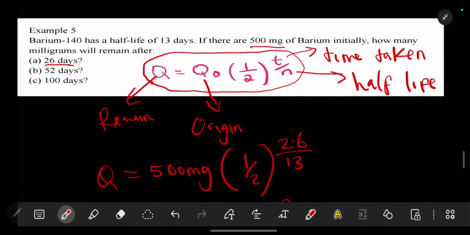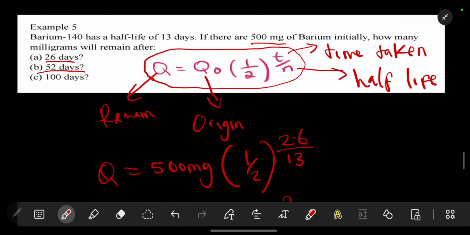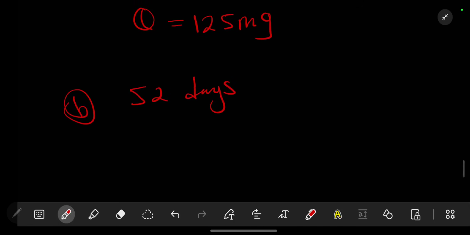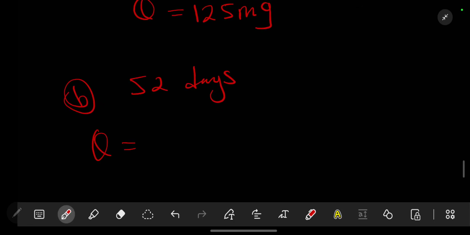If you look at the next one, it says after 52 days. So for 52 days, we are going to get something like this. We have Q should be equal to Q0 by half to the power of time over the half-life.